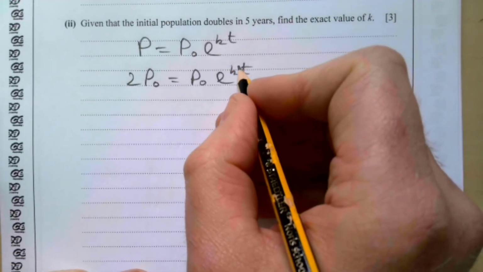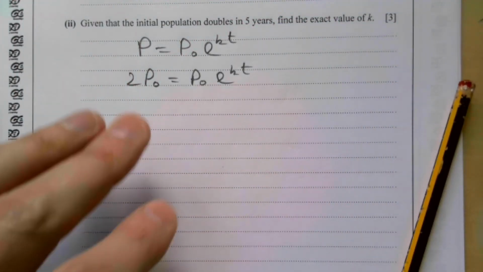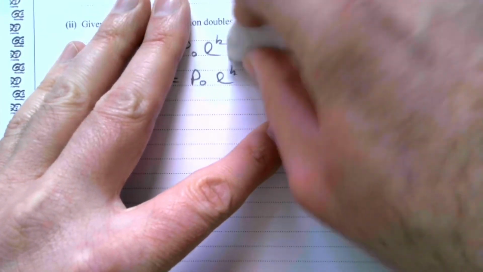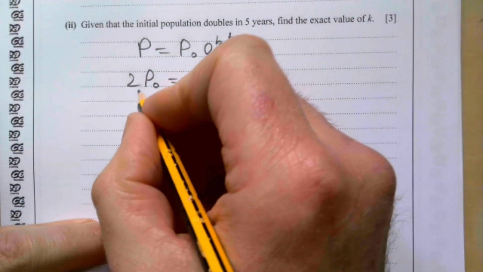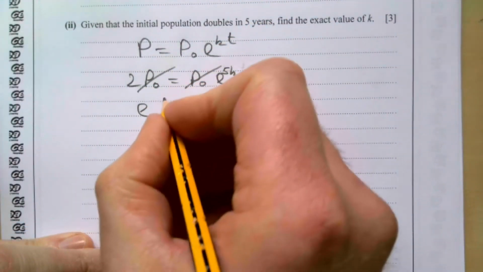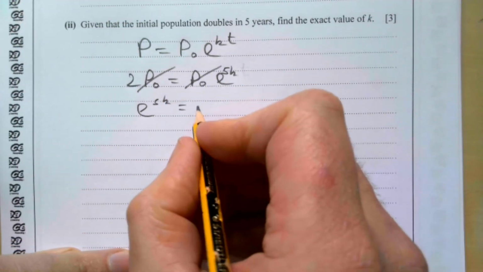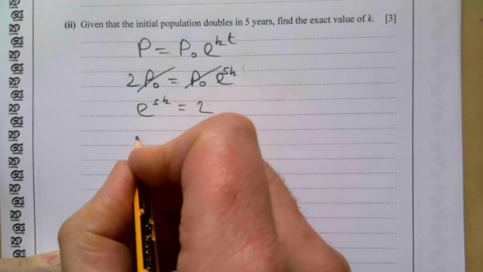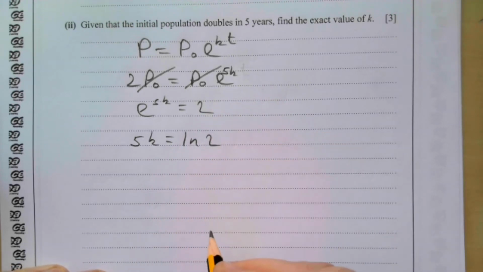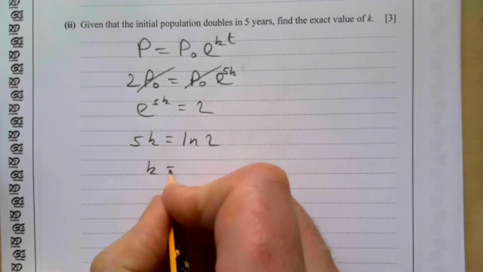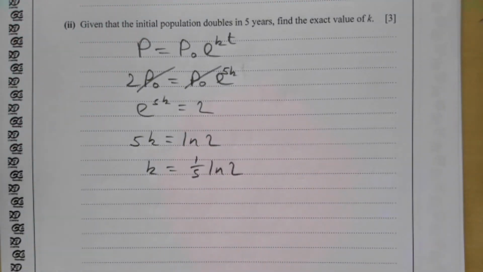Apologies, I can change my t for a 5 here. Let's change it up here. So 2P0 equals P0 e to the 5k. I can divide by P0, so I get e to the 5k equals 2. That means 5k is ln 2, and that means k is a fifth ln 2.